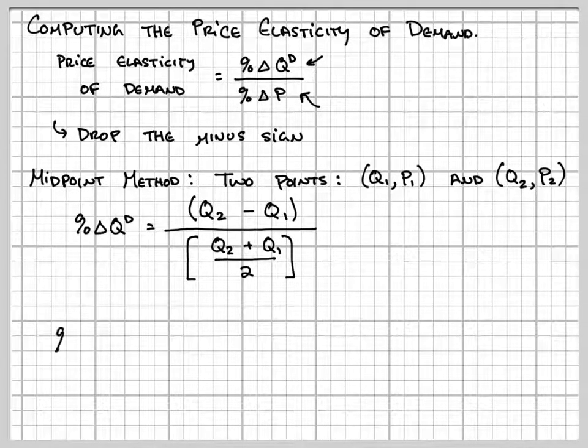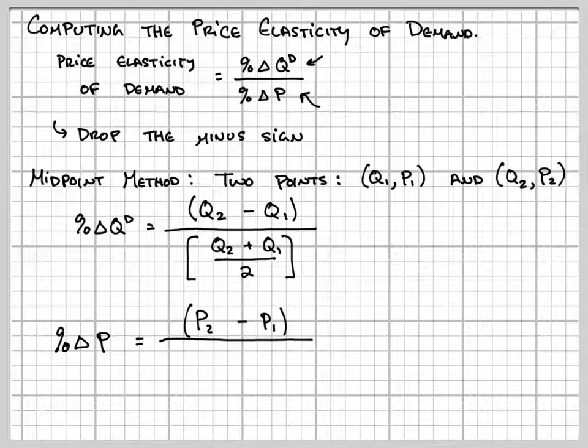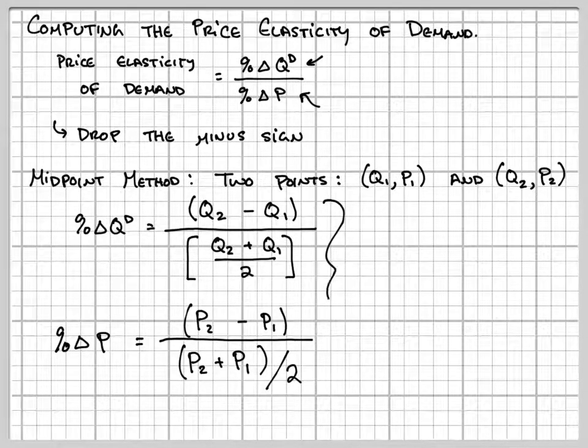So the percentage change in the price level will look exactly the same. It's P2 minus P1 over P2 plus P1 divided by 2. And so the price elasticity of demand is equal to this whole mess.